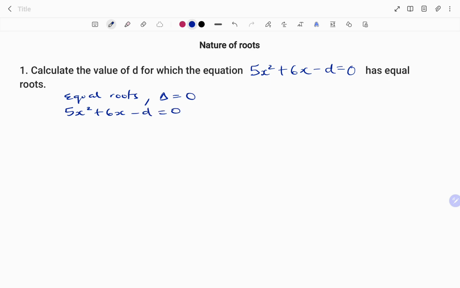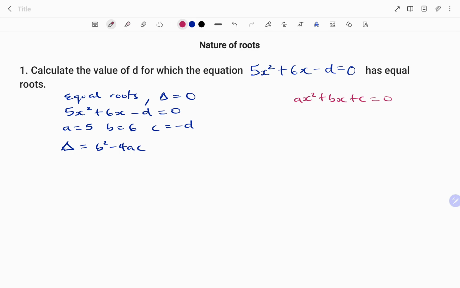To find that delta, a is 5, relating it with the quadratic equation ax squared plus bx plus c equals 0. Our b equals positive 6 and our c equals minus d. Delta, which is our discriminant, equals b squared minus 4ac.